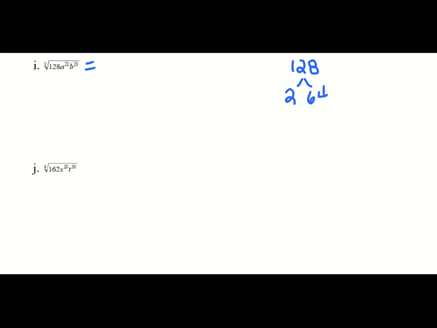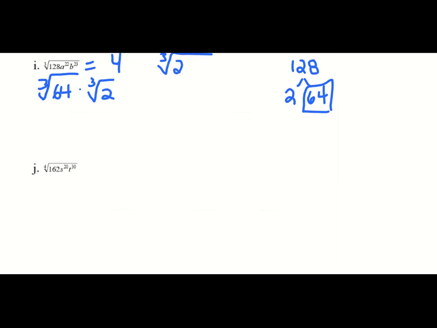And 64 is a perfect square, but it's also a perfect cube for 4. So I'm going to break this down into the cubed root of 64 times the cubed root of 2. So the cubed root of 64 is 4, and then we'll leave our cubed root of 2 right here.